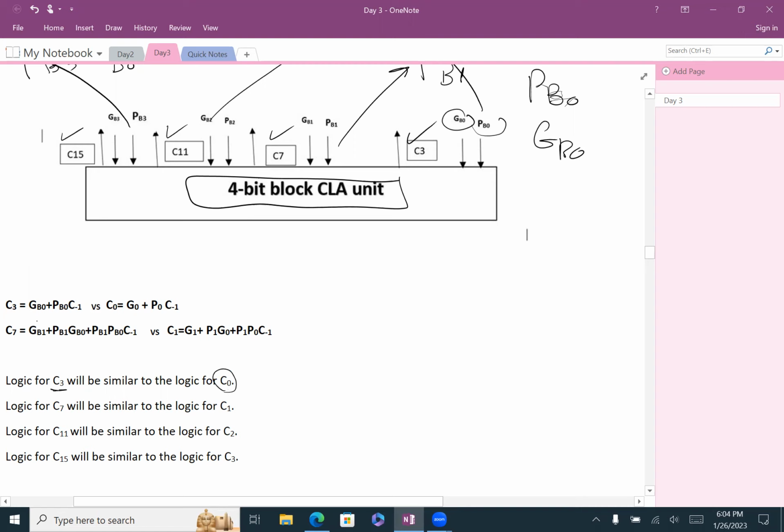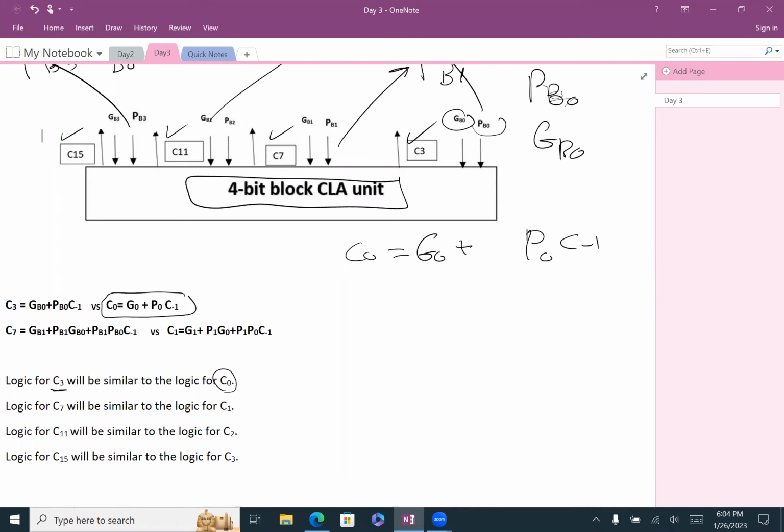So how did we do that? That's the equation. Remember the C0? What did we say when we will have a carry at stage 0? When you generate it at G0, at stage 0, or it's coming from outside, then you propagate it through level 0. So that's the equation.